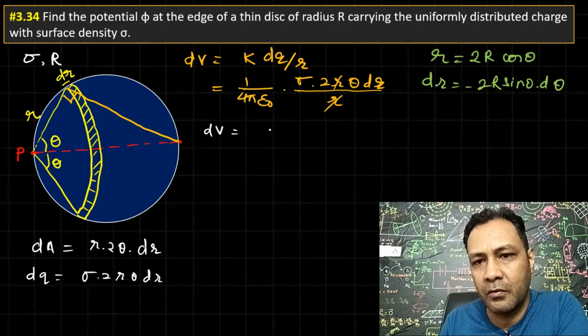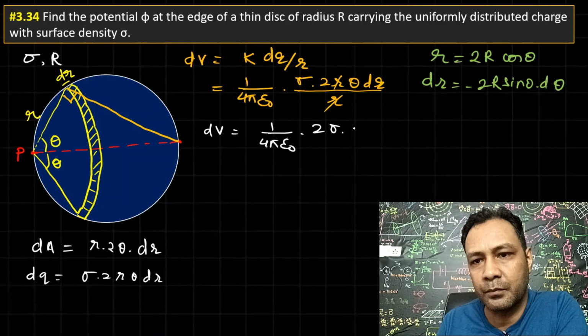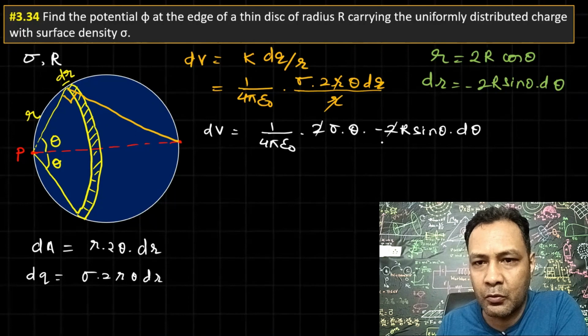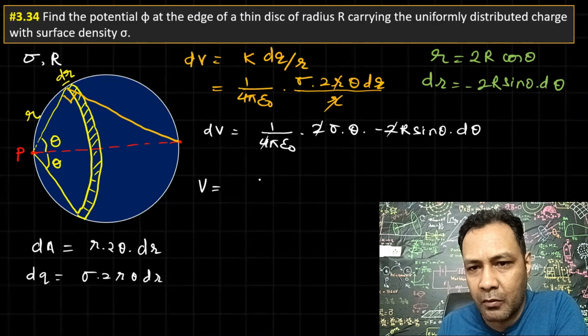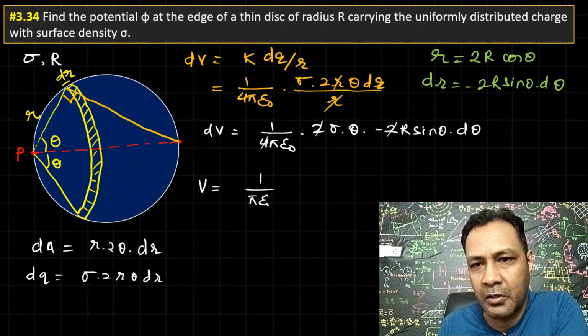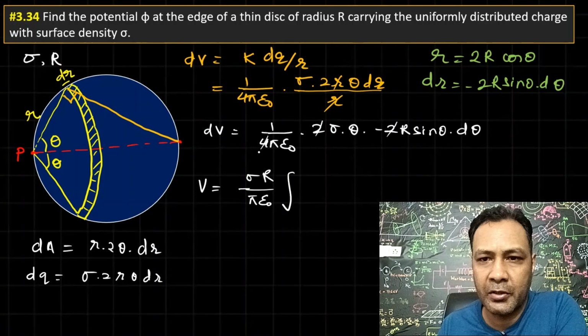So dV will be 1 over 4 pi epsilon naught and 2 sigma theta, and dr is minus 2r sin theta d theta. So this 2 will get cancelled here. So V will be the integration of that whole thing. Let me write the constant part outside: sigma r over pi epsilon naught, taken outside the integration.